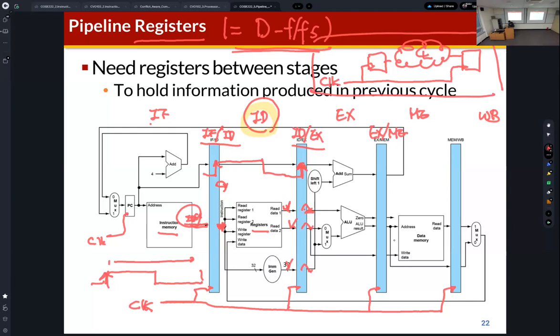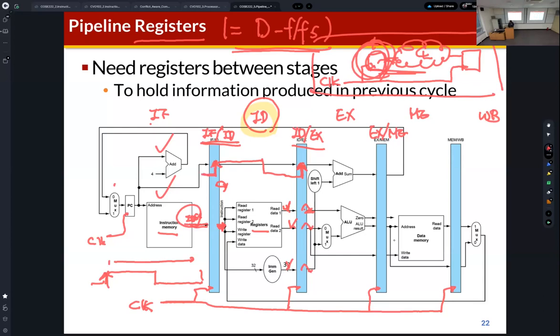So in this model, the data path elements are actually combinational logic. And at the rising edge of the clock, the input of this combinational logic is sampled and then delivered by this flip-flop. It's the same for the instruction fetch and ID pipeline register, which is a flip-flop.